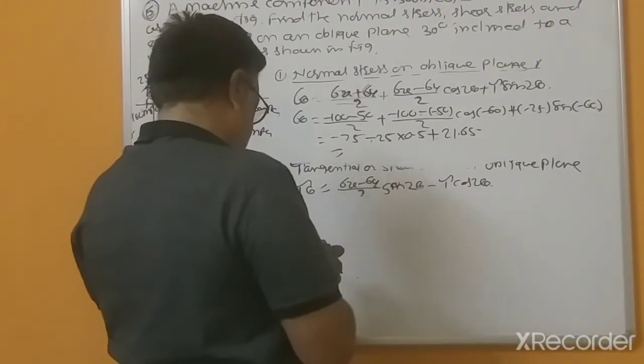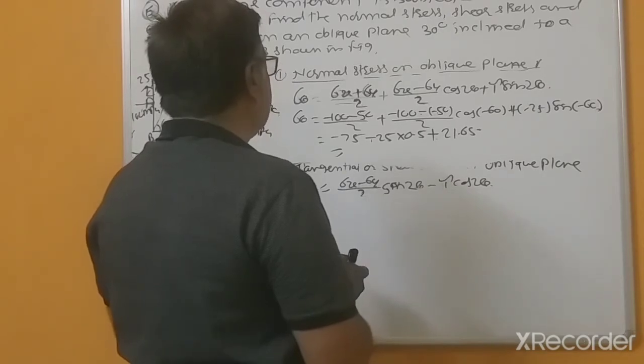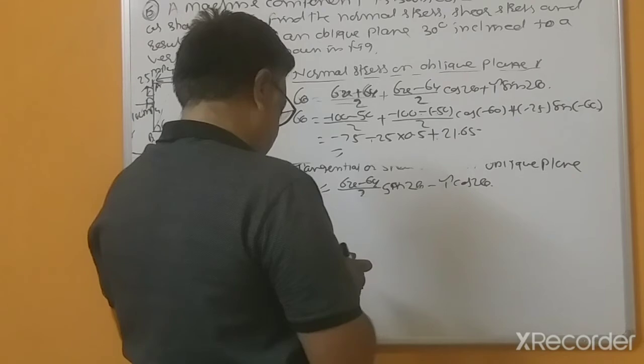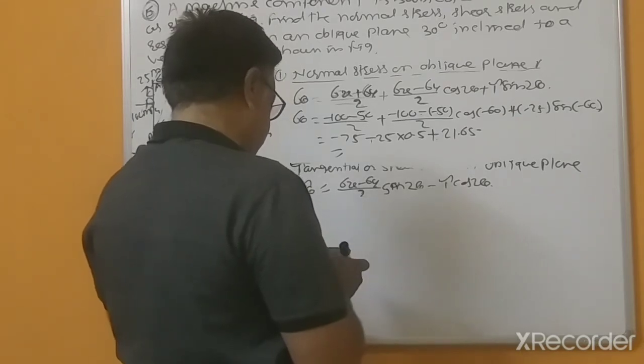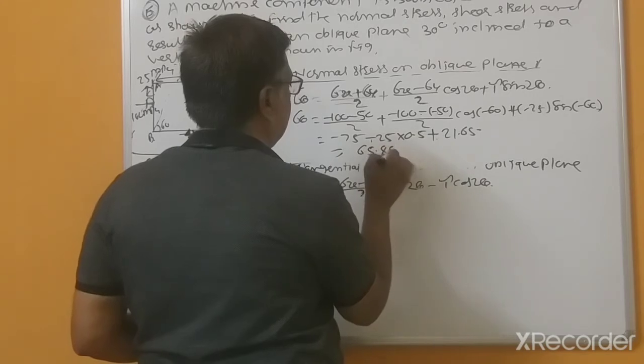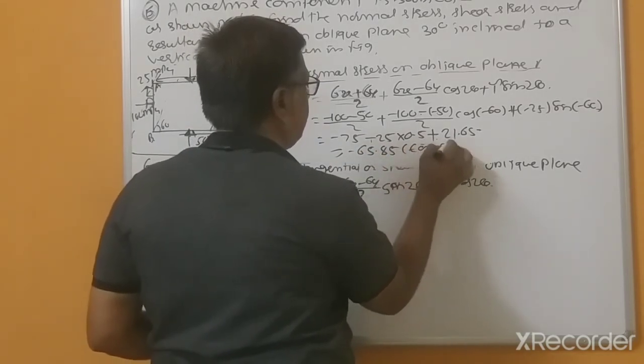So this is 75 plus 12.5 minus 21.65. This is 65.85 and this is negative, compressive.